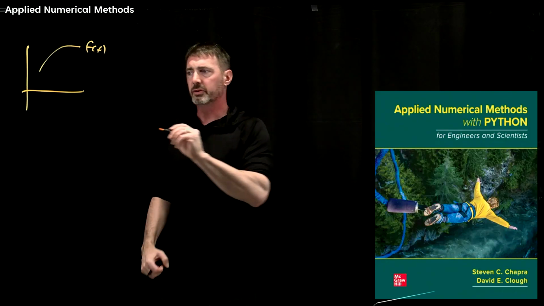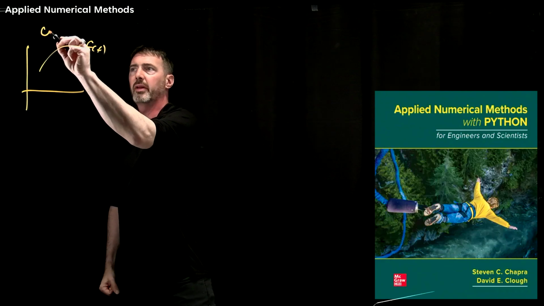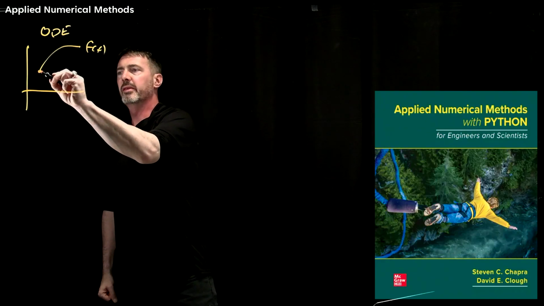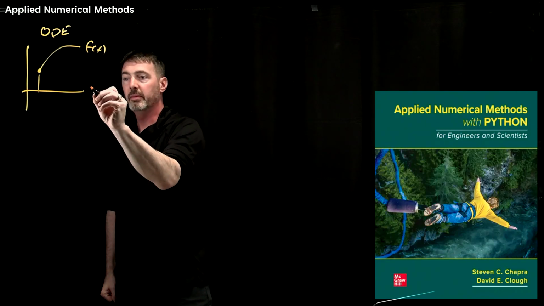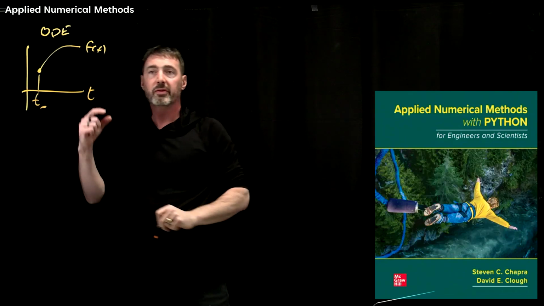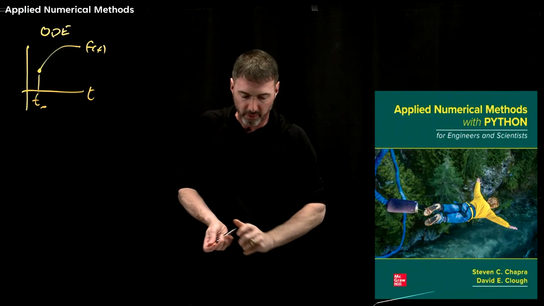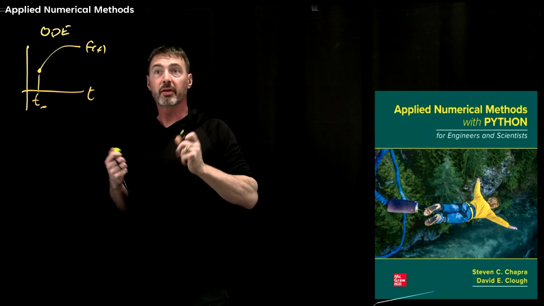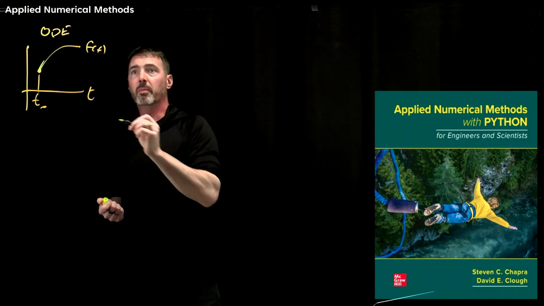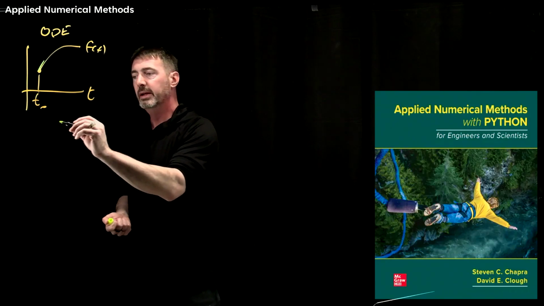So ordinary differential equations, or ODE, which is where we are today. Say this might be time, this is t0, the starting point, and usually you have some information on the slope, some sort of differential equation.